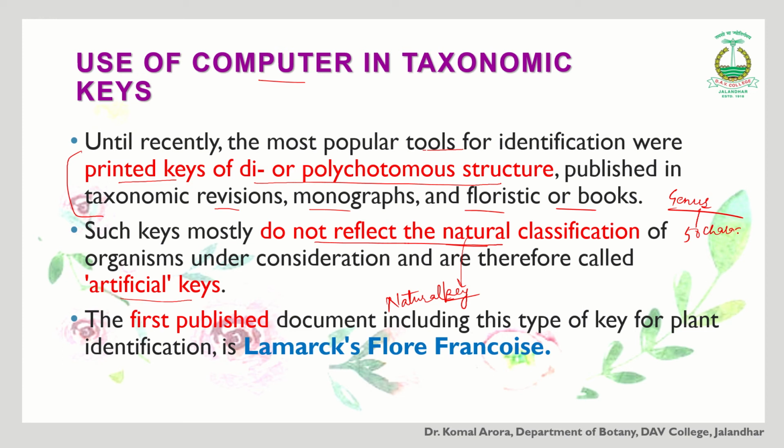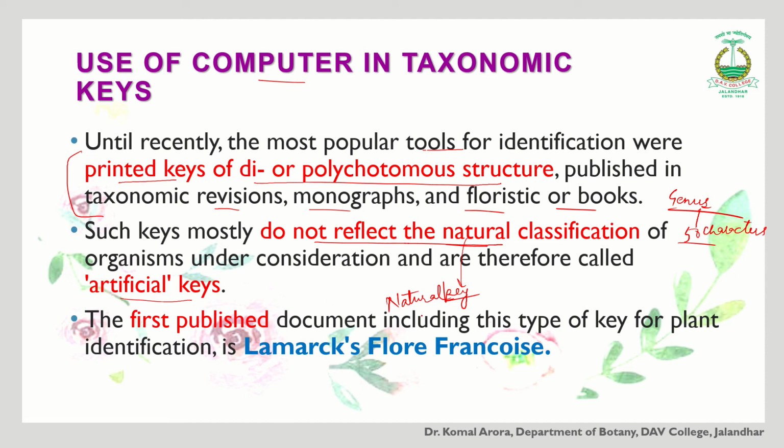Now you yourself can think that using those 50 characters while preparing a key will be a tedious task, right? When I am giving you only 2-3 characters, even then it takes time to prepare a proper key. So with 50 characters it becomes more difficult. That's why it was a difficult phenomenon. So usually few characters were considered and artificial keys were prepared, and they were not showing the natural classification.